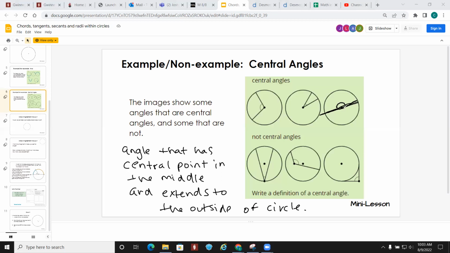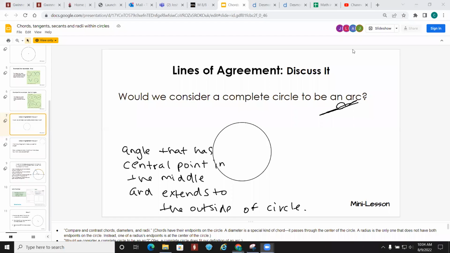All right, so recap really quick. We went over secant, chords, central angle, arc, and what a circle is. All the things. An arc has endpoints.